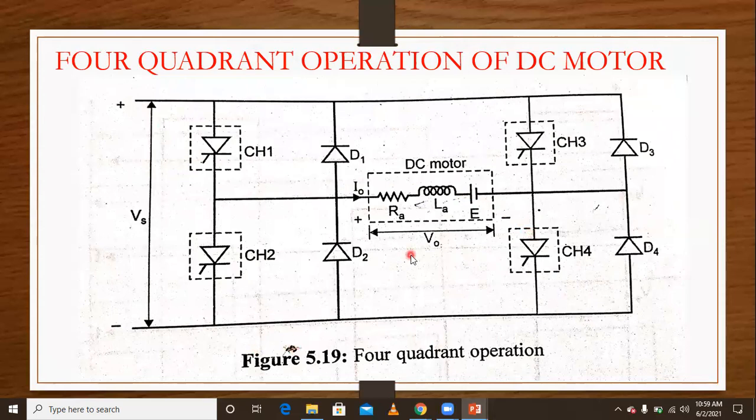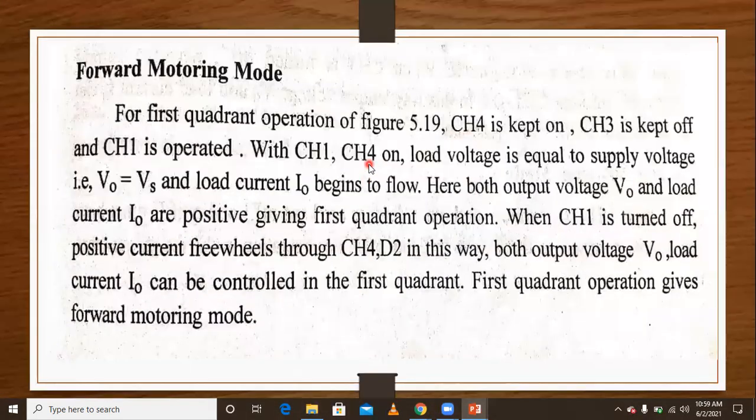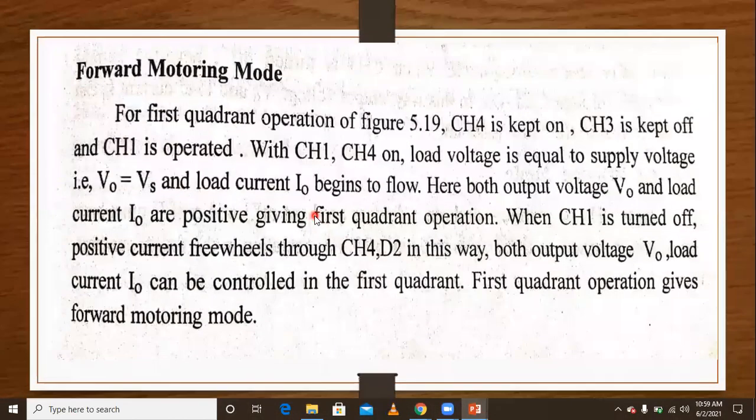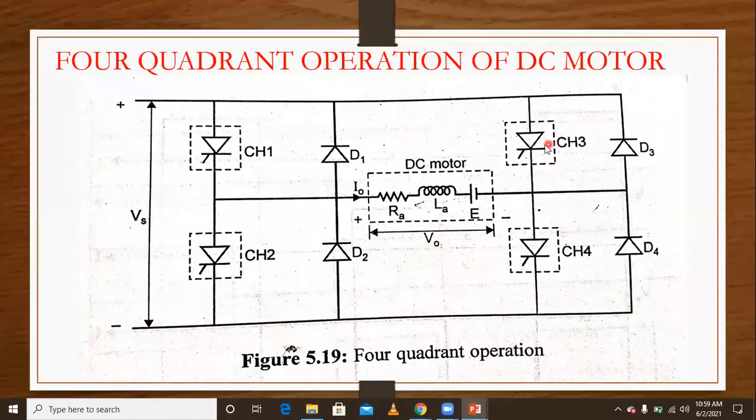The armature current is increasing in this region. When chopper CH1 is off, the load current freewheels like this. In motor mode the armature current and voltage are both positive. This is called first quadrant operation, or motoring mode operation.